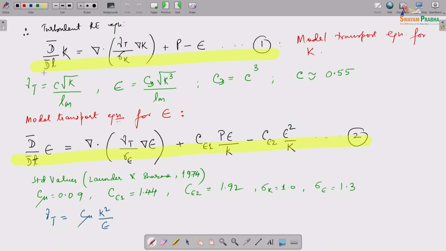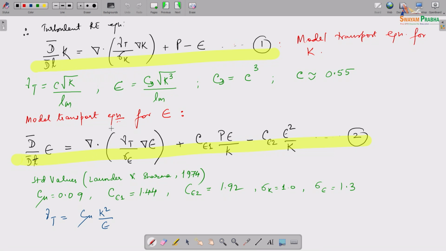So these are the two equations, 1 and 2 here highlighted: the model transport equation for K and the model transport equation for epsilon. These are the two equations that we solve.